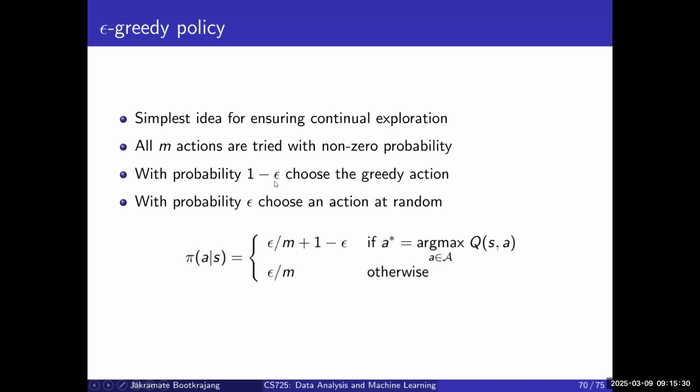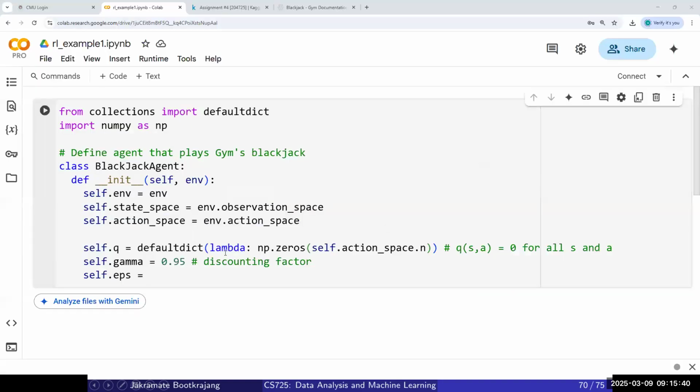With probability 1 minus epsilon, you take a greedy action, and with probability epsilon, you choose a random action. So we set the start of epsilon to be 1. This is for exploration, so if you start with 1, it means it will always be random.